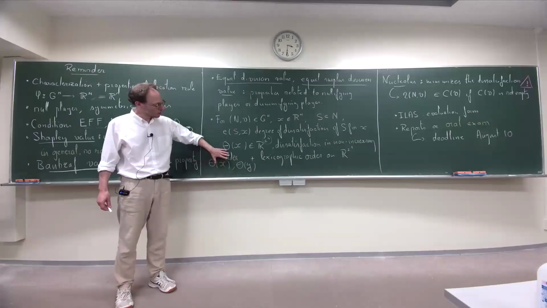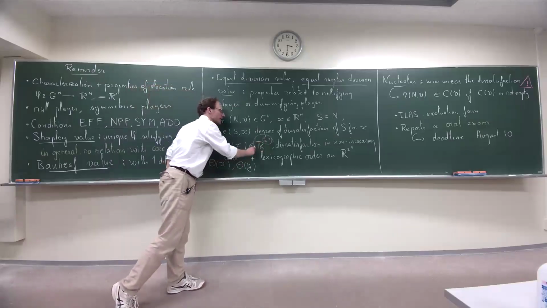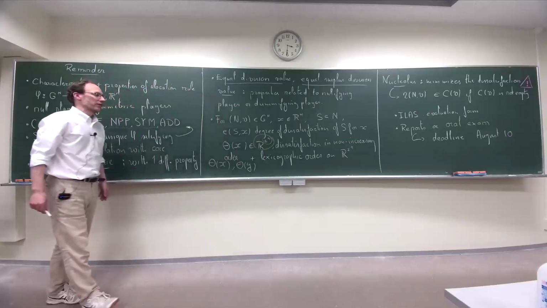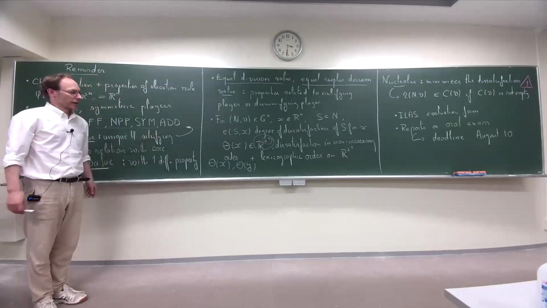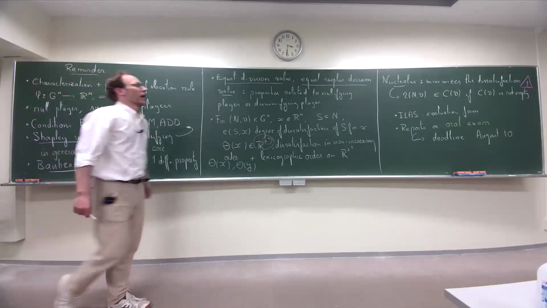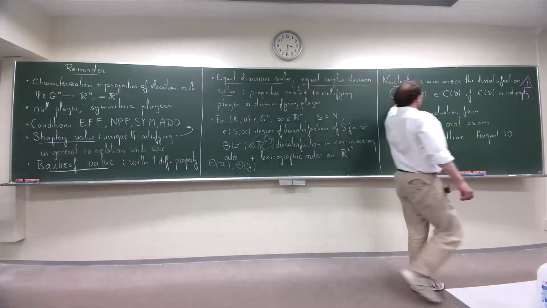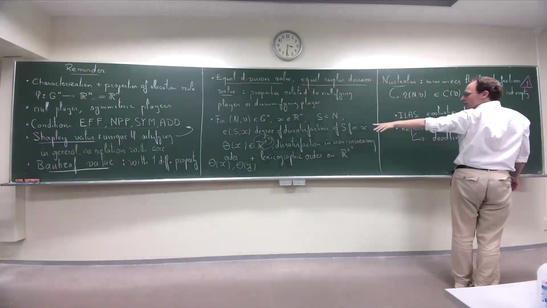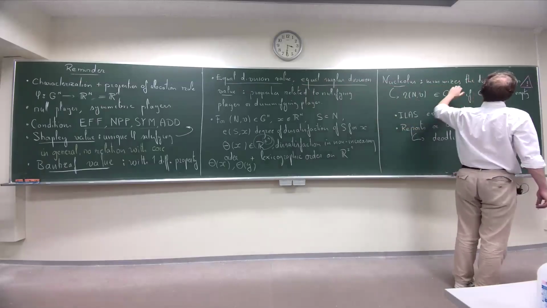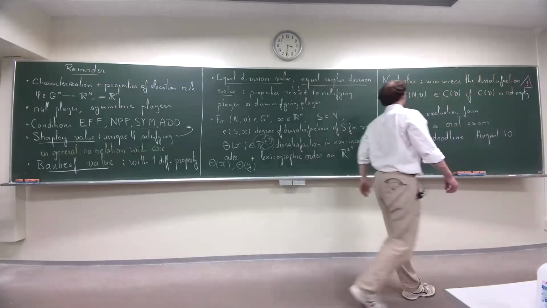So you put an ordering on these dissatisfaction vectors in R power 2 power n. And the nucleolus is a point X which has a minimum dissatisfaction vector.